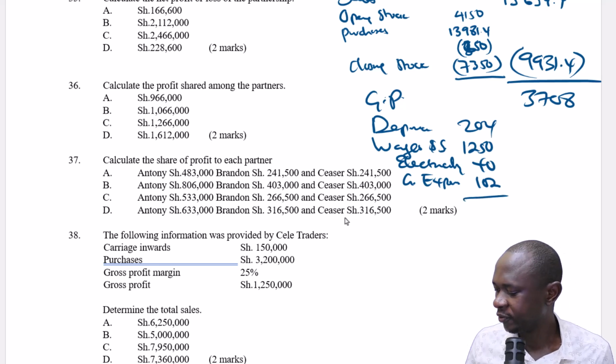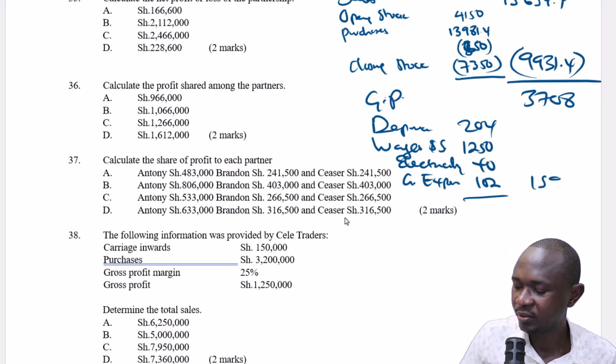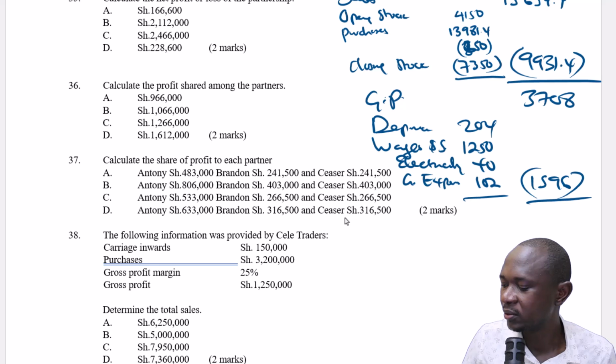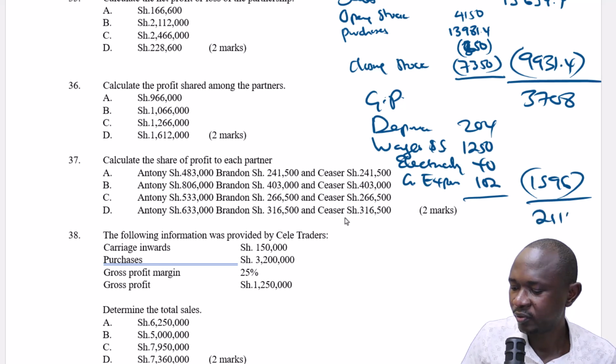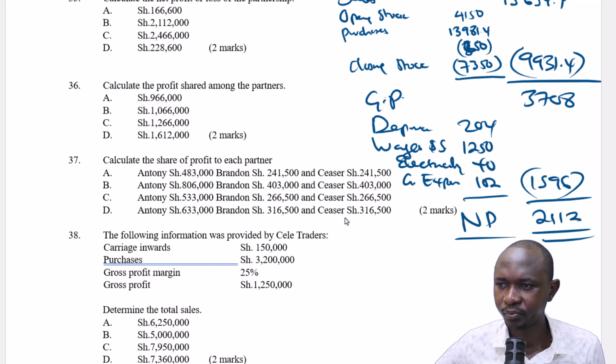This will be 204 plus 1250 plus 40 plus 102. That gives us 1596. So we less 1596 from 3708. This gives us 2112. So this will be our net profit from the business.